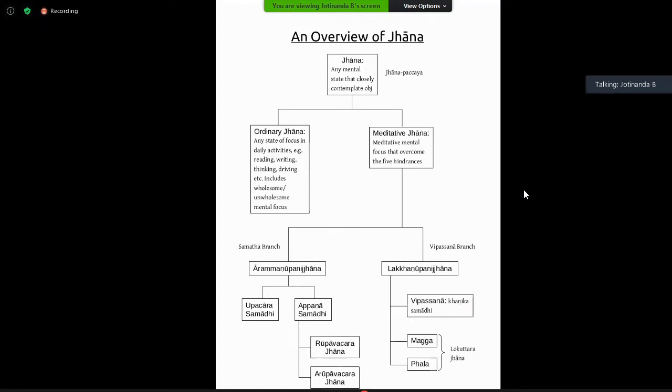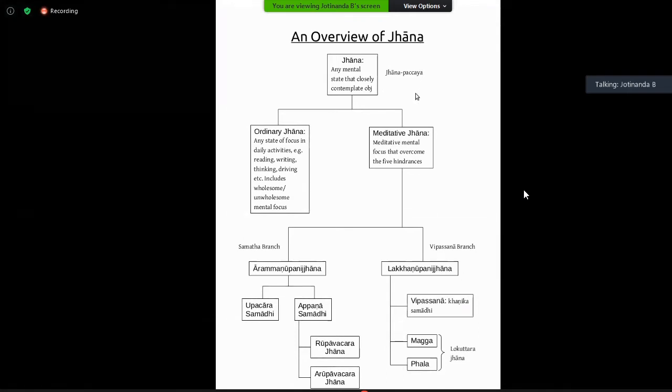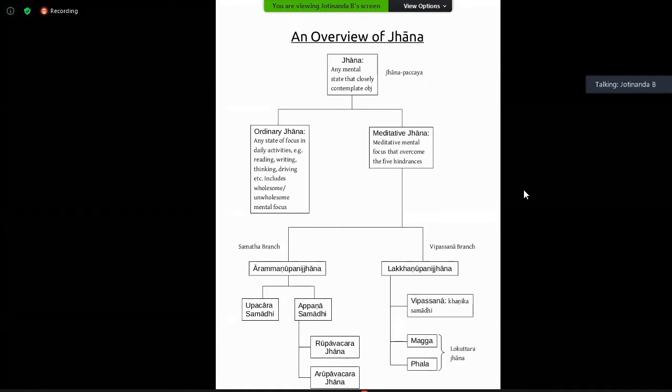Or we contemplate sankhata lakkhana, the nature of arising and disappearing, or samanna lakkhana, the nature of impermanence, suffering and non-self. So you contemplate closely the lakkhana, the characteristic of the object. So it's called lakkhanupanijjhana.